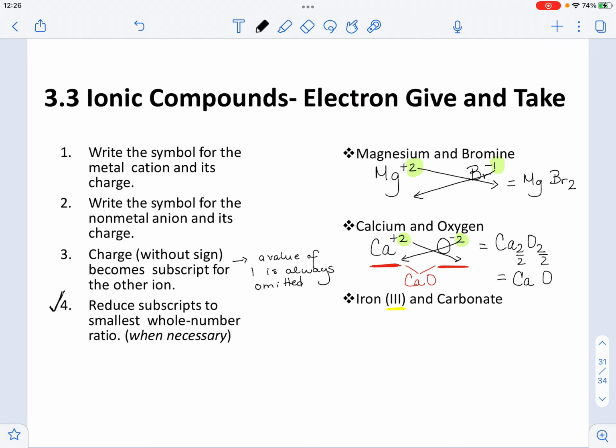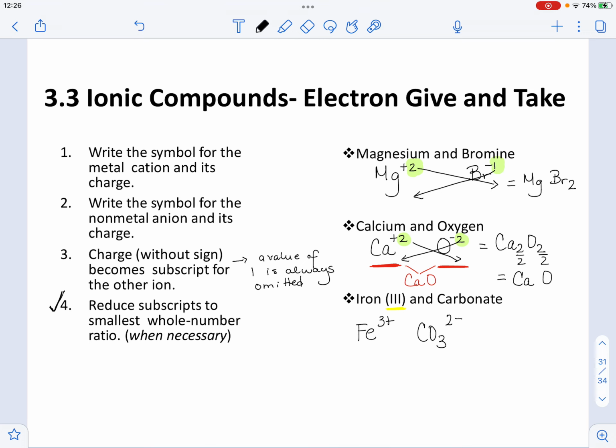So I'm talking about iron, which lives in group B, but because it has a Roman numeral of 3, then this is going to be iron 3 plus. Carbonate is in the list of my polyatomic ions, which is CO3 2 negative.